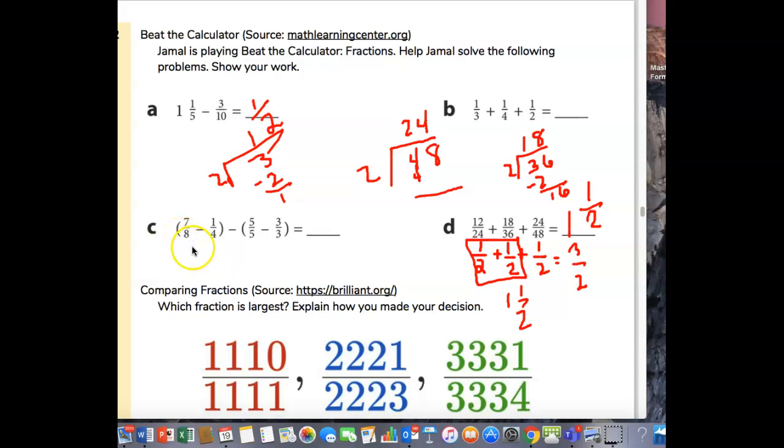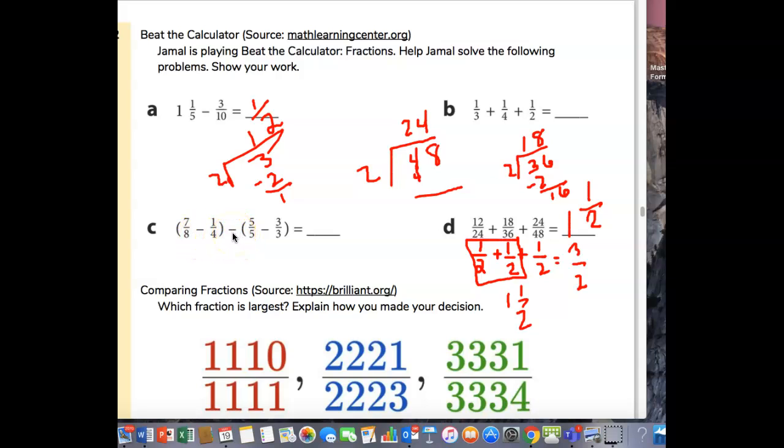So you have to make sure you have a common denominator. They're trying to trick you again, but you're going to write up 7/8 minus 1/4 vertically, okay, and find a common denominator. Well, 4 will go into 8, so you can use 8 as the denominator. So do that and subtract and see what you get.